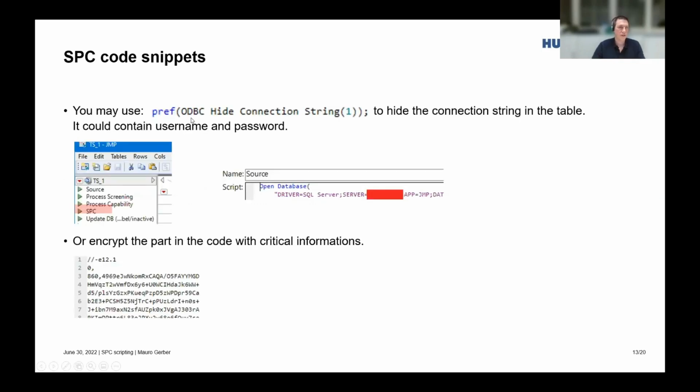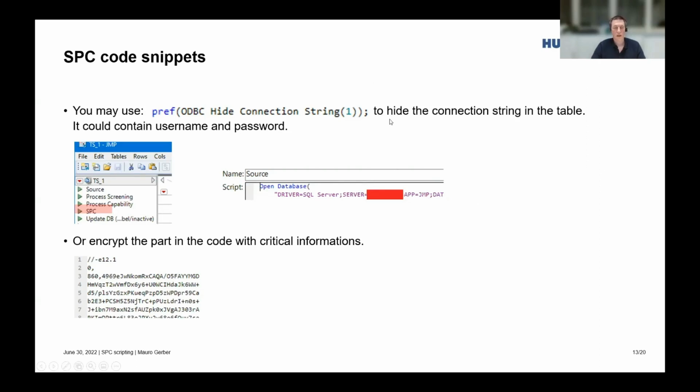What is important is, of course, safety. A habit of JMP is that the source is in the file. So whatever password or database connection you use gets stored into the table. This, of course, can reveal server name or even username and password.